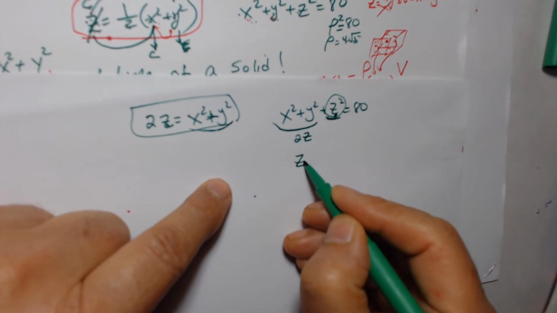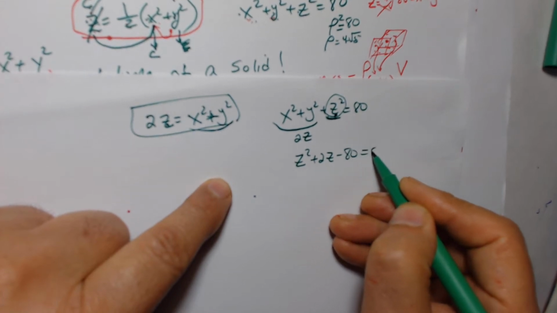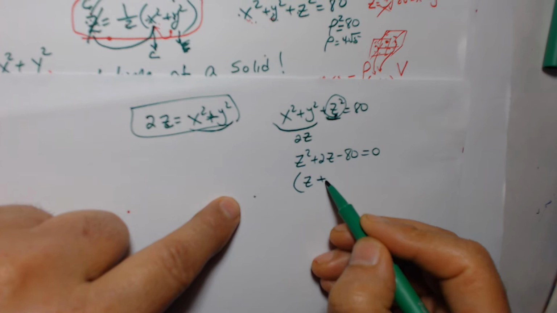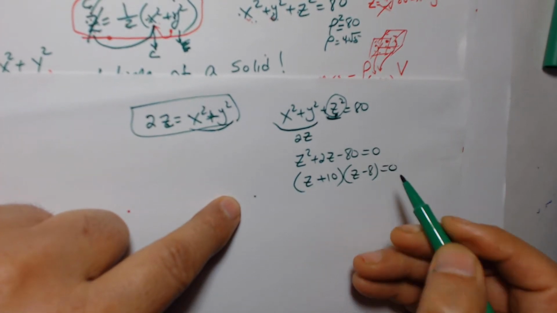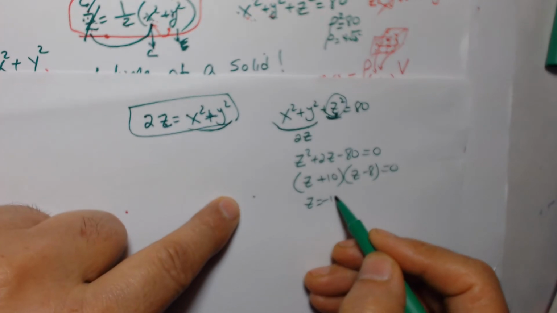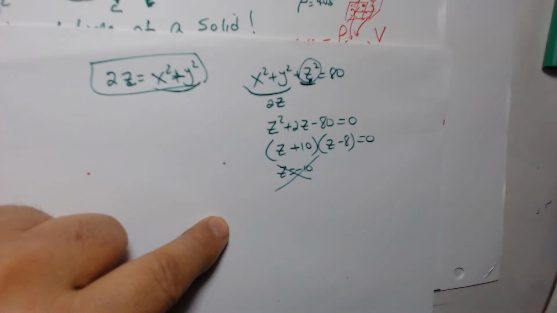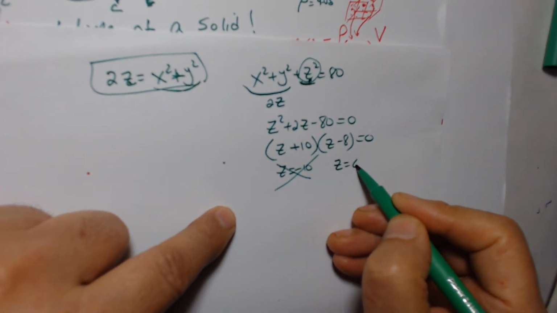Then in here, I'm going to put z squared plus 2z minus 80 equal to 0. And if I factor that, that becomes z plus 10 and z minus 8. And your z is negative 10. I don't need that because that's below my solid. And z is equal to 8.